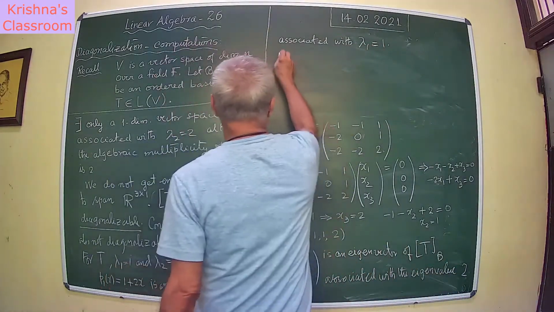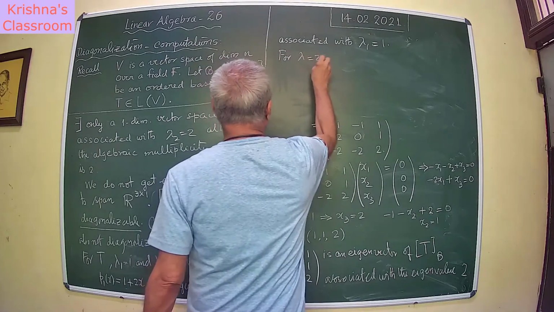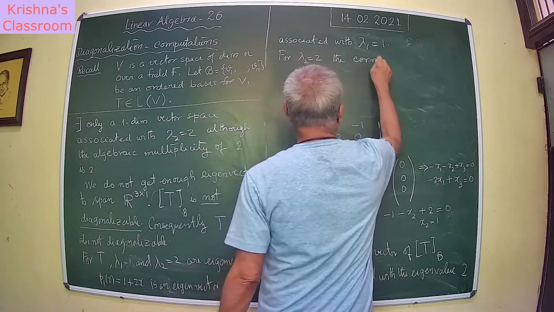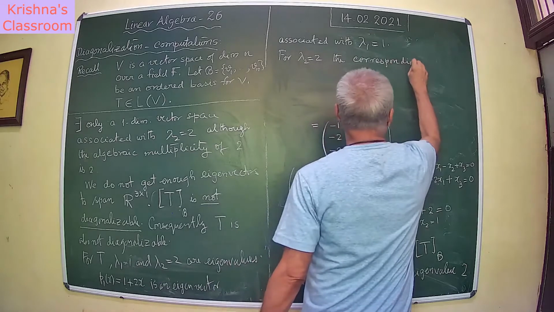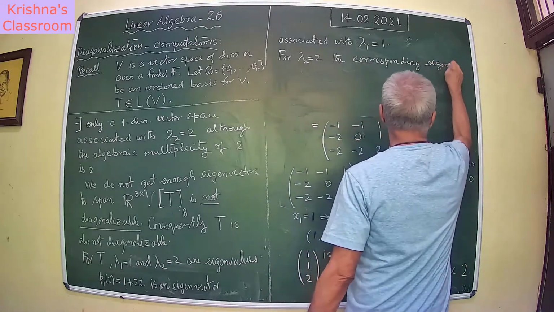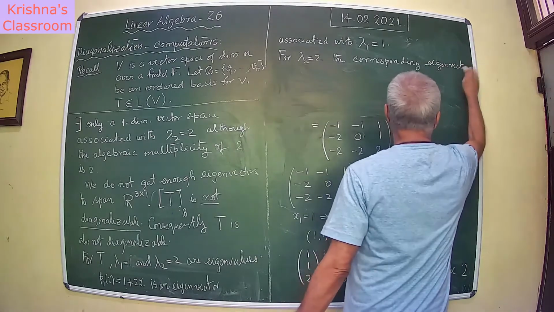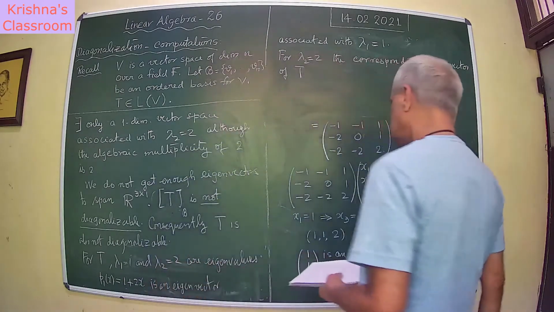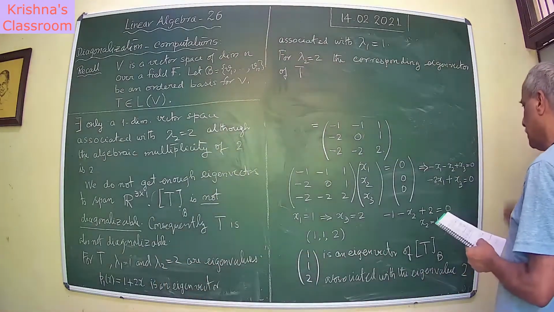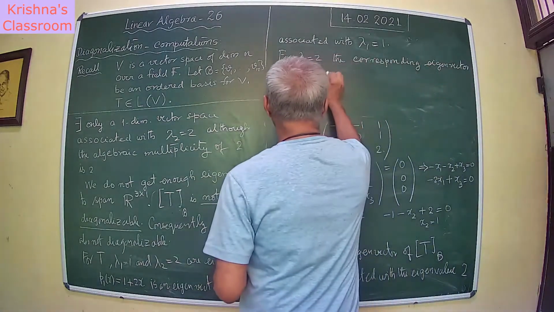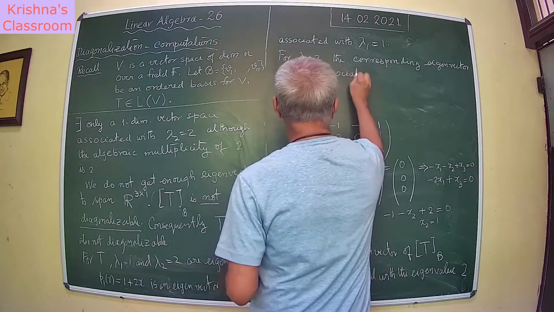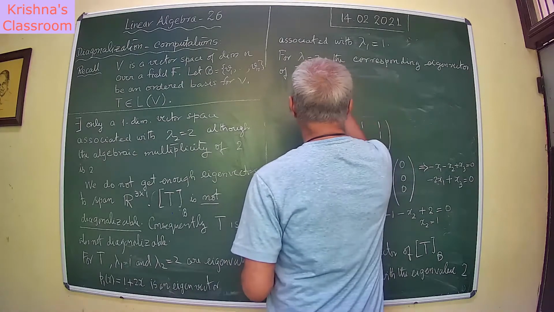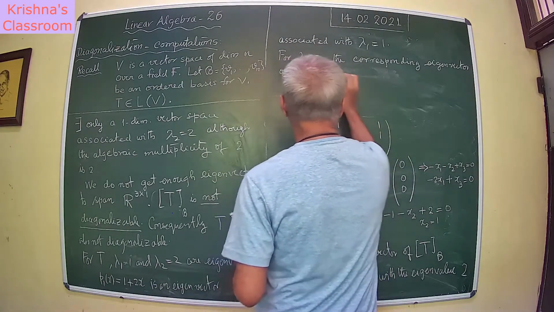Now for lambda equal to 2, the corresponding eigenvector of T associated with lambda 2, what is it?